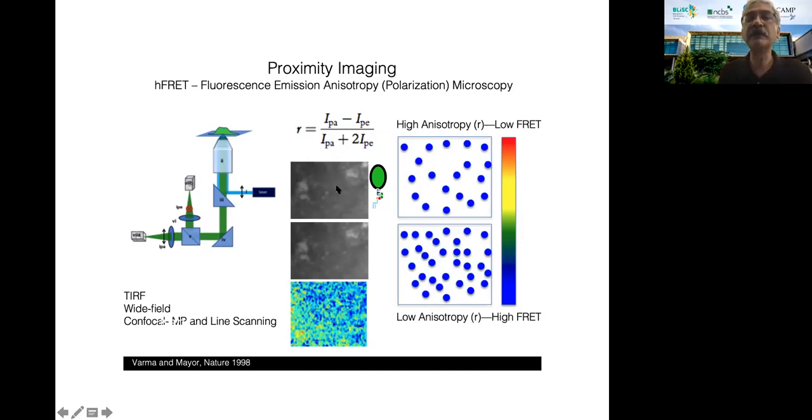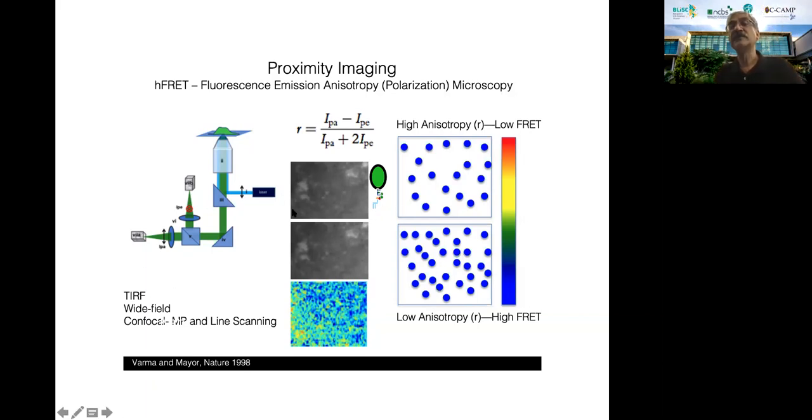Now, if you remember, if molecules come close together, one would expect the polarization to be low. That is, if you have more molecules in a given patch, you'd expect a low fluorescence anisotropy. And if you have fewer molecules in a given patch, you'd expect high fluorescence anisotropy, because the GFP molecule itself rotates very slowly.